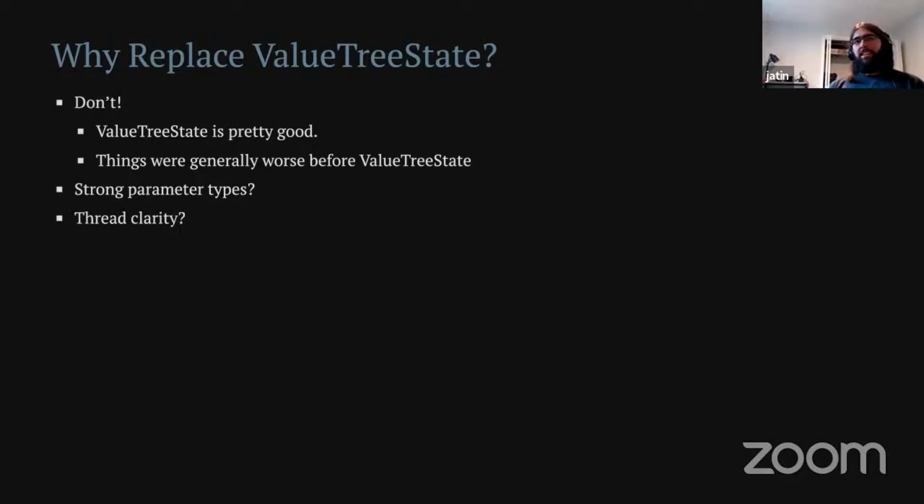Second thing is that there's parts of using the value tree state where it's not very clear which thread certain bits of code will run on. And this can cause some problems, which again, I'll show you in a second. And then finally, there's one spot where JUCE does something that I'm not convinced is real-time safe. And we'll talk about that in a second as well.